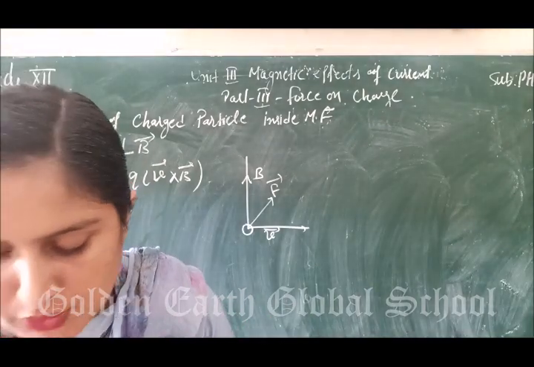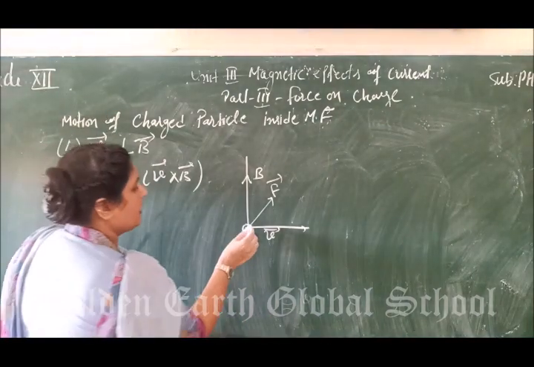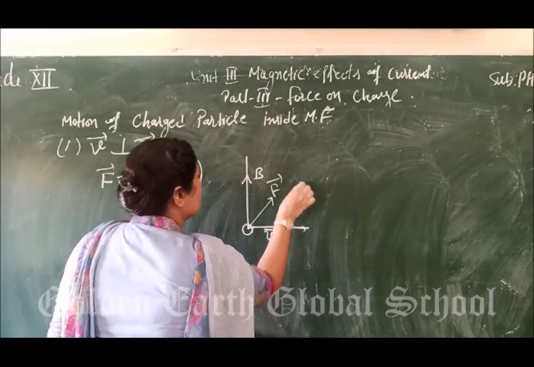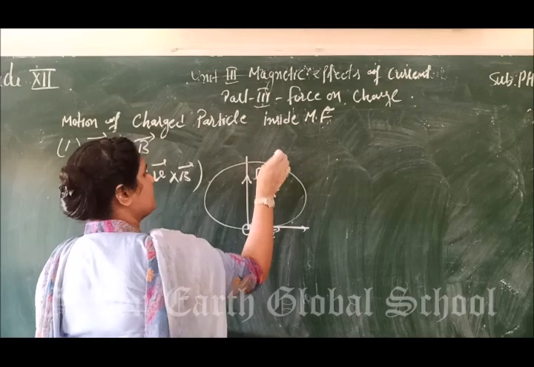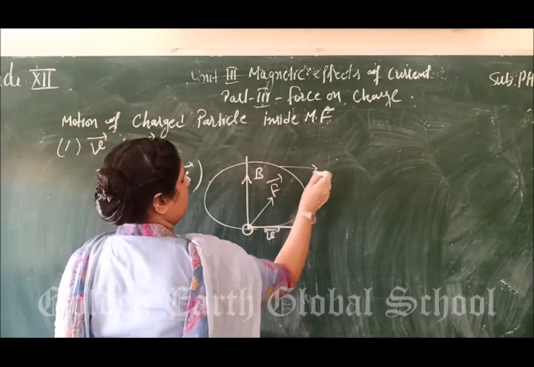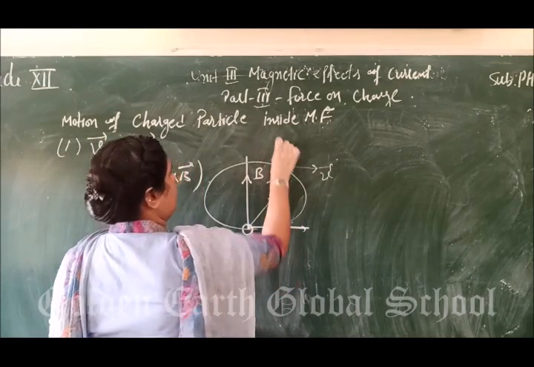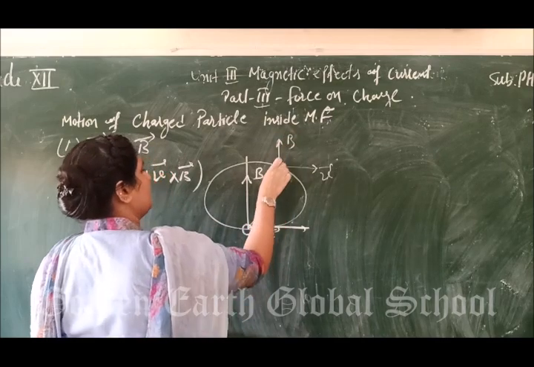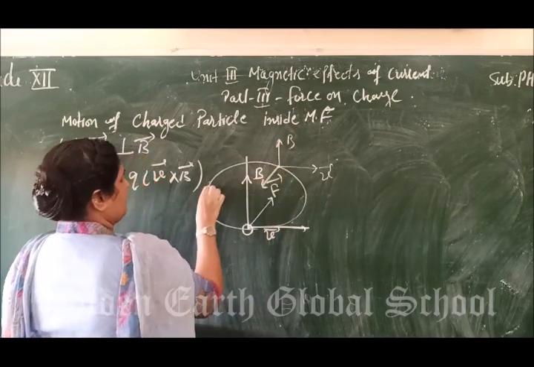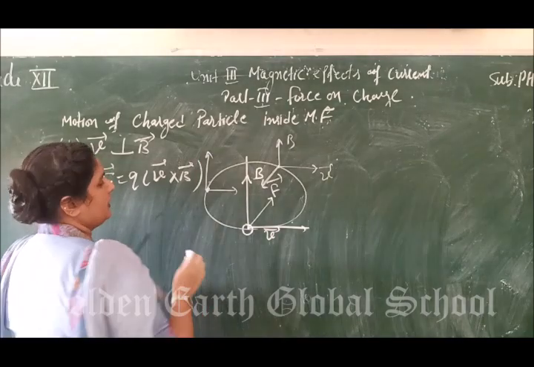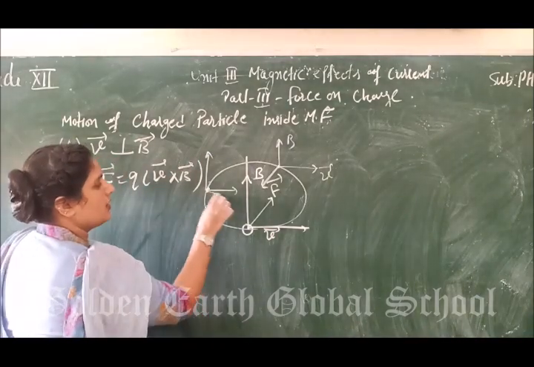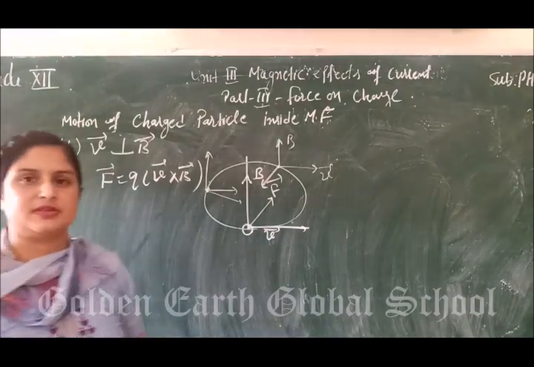So, due to this force, the particle will start to move in a circular path. At every point, if I take the velocity here and the magnetic field, then the force will act toward the center of this circle.